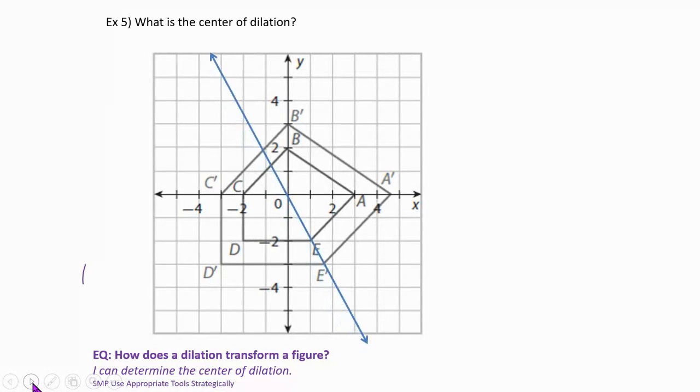And you're going to do that for all of your points, your vertices. And so if you notice, we have it going through there, and then we go through D and D prime, and then we're going to go through B and B prime, and you'll notice that's just a vertical line going up and down. And then C prime, A prime, they're on the x-axis, so it's a horizontal line.